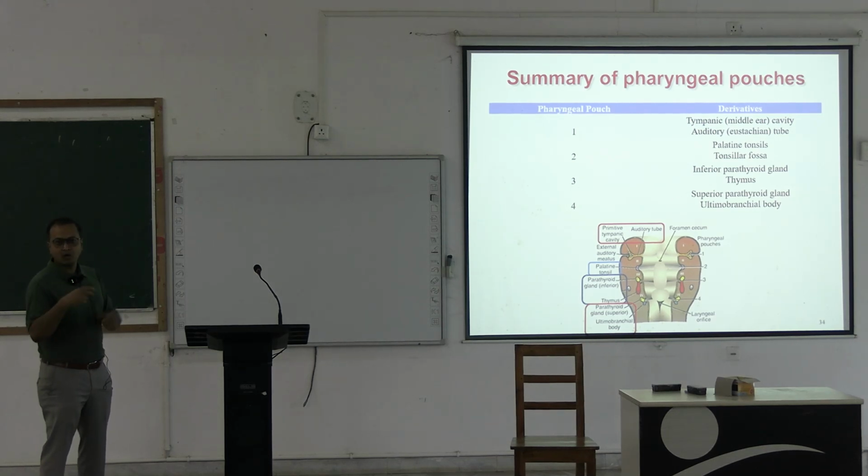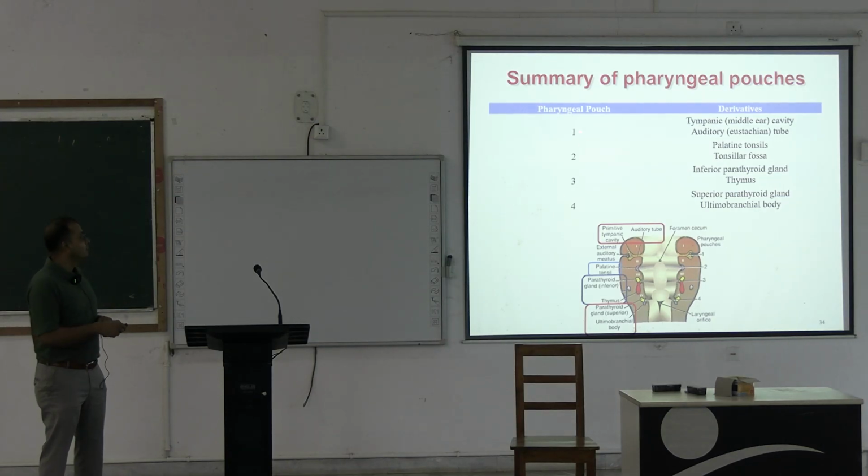Now why is this paradoxical or opposite? We know that the inferior parathyroid gland tends to migrate along with the thymus, which also develops from the third pouch. As a result of this migratory nature, the inferior parathyroid gland dips down to a lower position compared to the superior one.